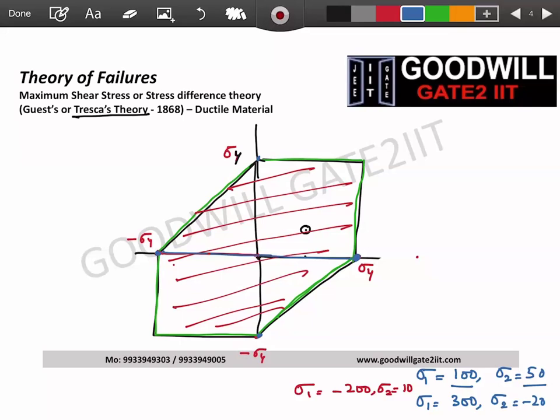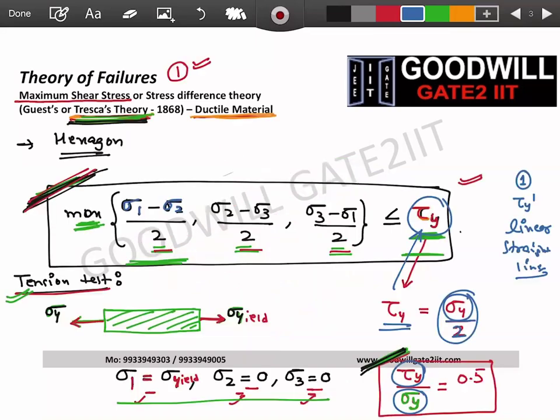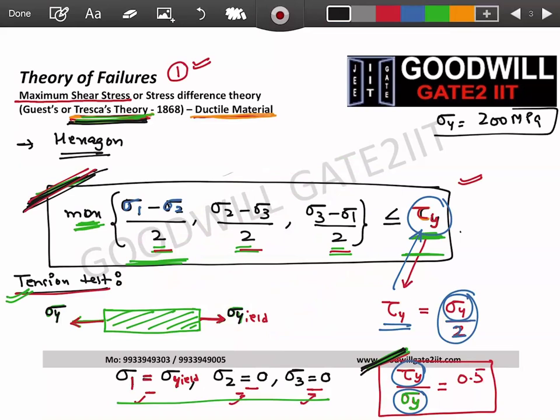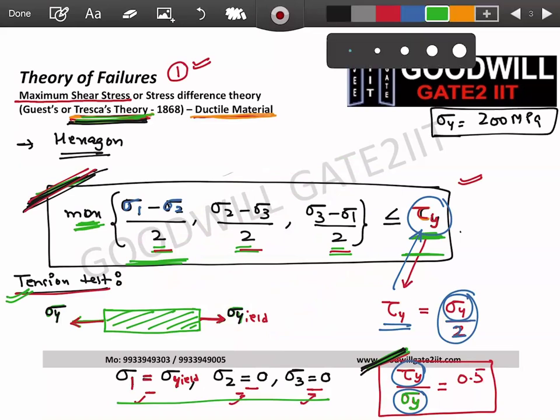And second, the essence is this. Let's say in your exam, I'll give you that the material used is steel, and steel has sigma y equal to 200 MPa. This is the numerical I have framed. You know your Tresca theory is this. Is it not that for solving Tresca theory you need tau y? Akash, yes or no? You need it, right? Then you need a conversion.